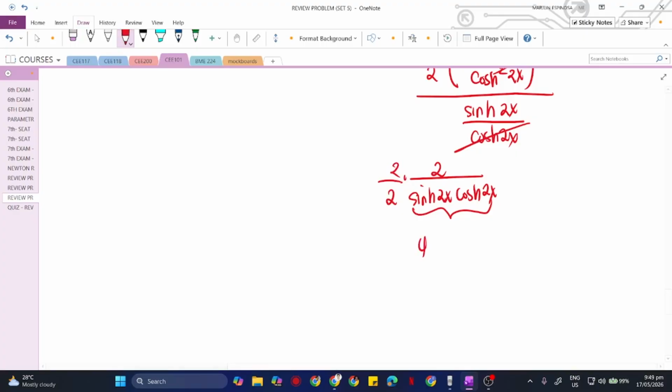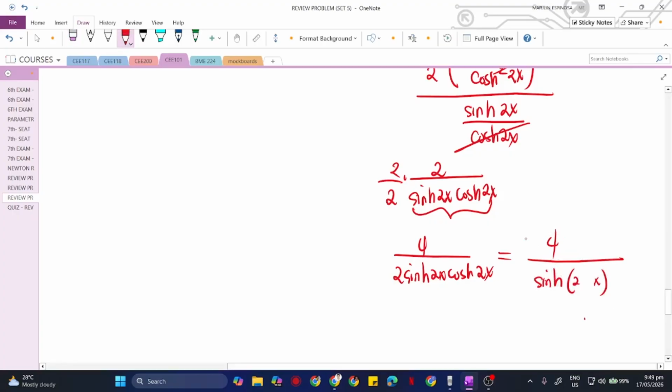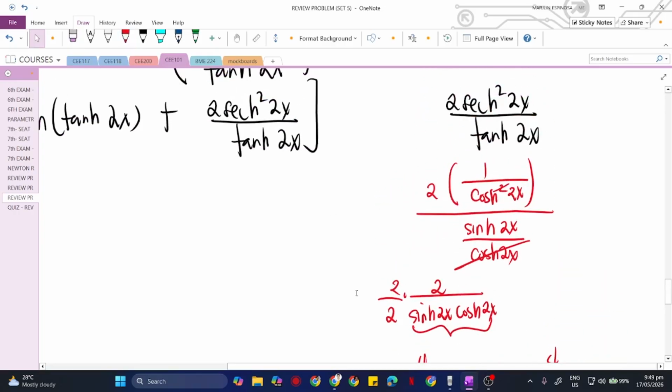So that will become 4 over 2 sine hyperbolic 2x cosine hyperbolic 2x. So this part right here is the double angle identity, so that will be 4. Then we have here sine hyperbolic 2 times 2x, and that would become 4 over sine hyperbolic 4x. So this is now the simplified version.